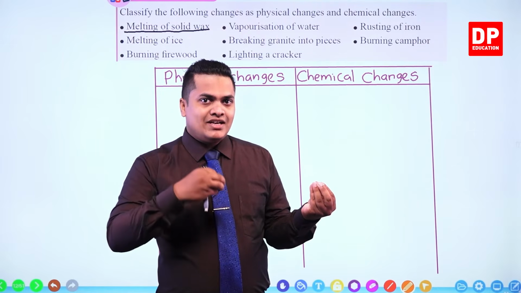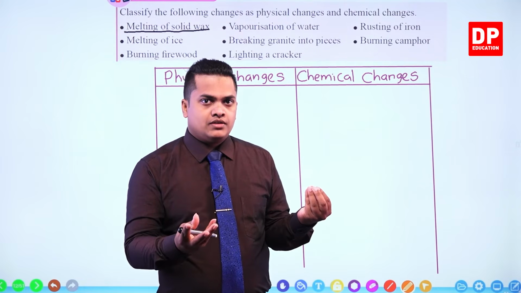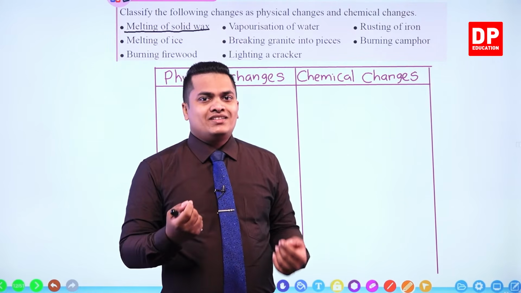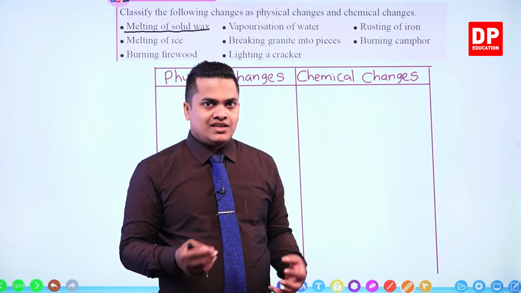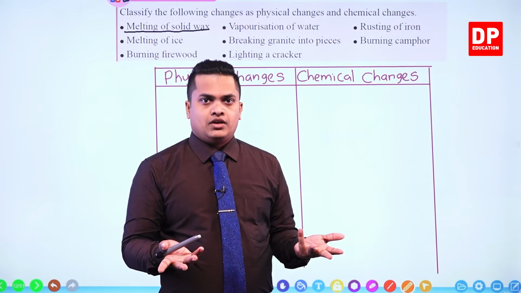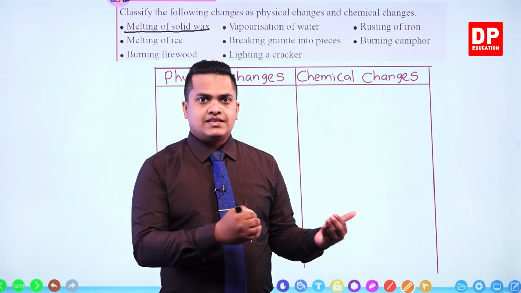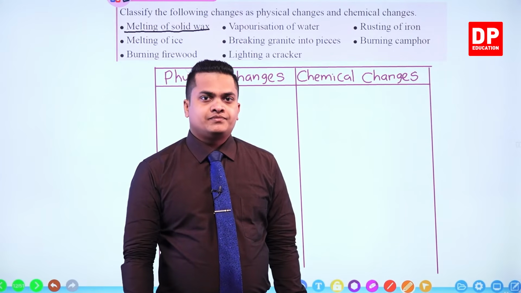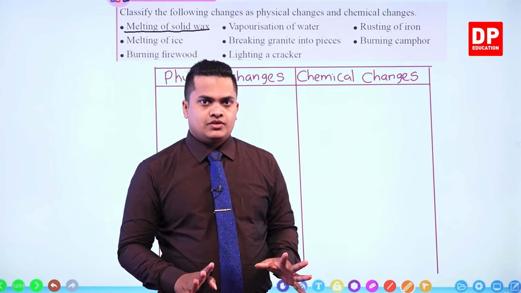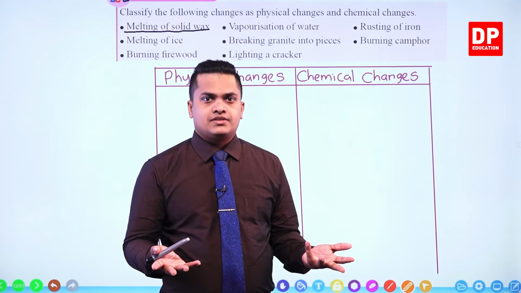Ice is turning into liquid water. The state is going to change. No matter the state is going to change, their structure, new substances are not getting created over there. Only the physical state is getting changed. Solid to liquid. That's it.